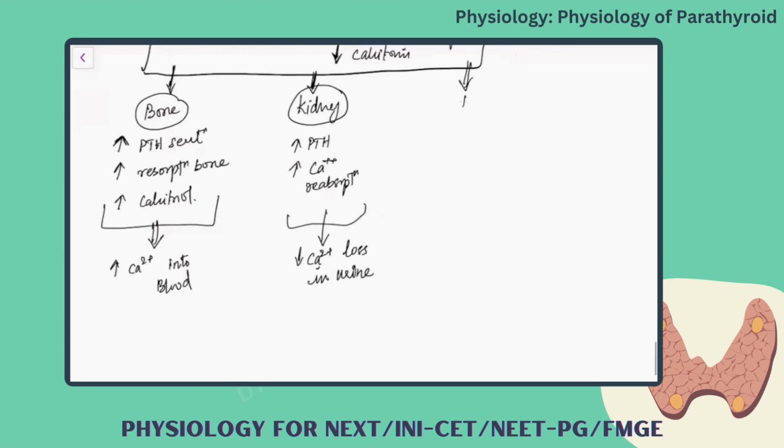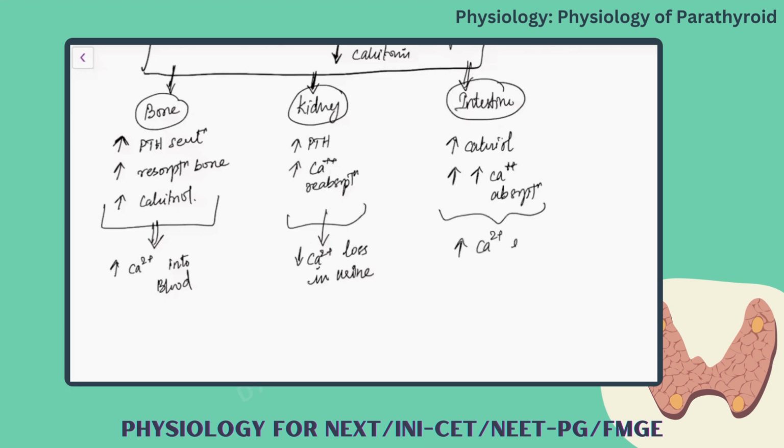And in the intestine also it has a role. It increases the calcitriol so that vitamin D will go and activate. So it increases the calcium absorption in the small intestine, increasing the calcium in the blood.